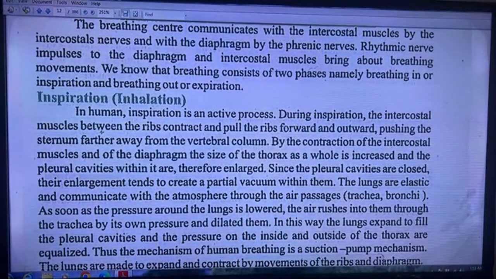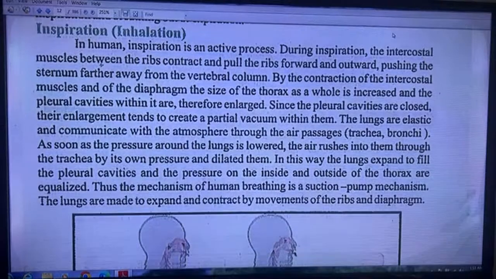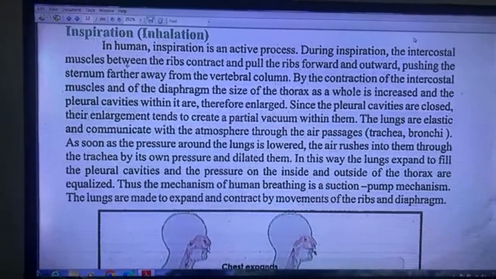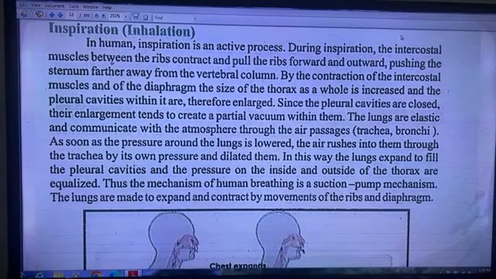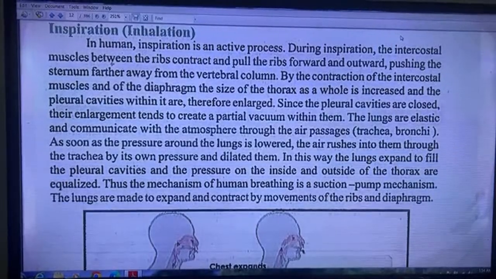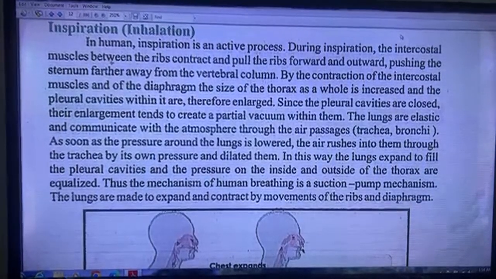Inspiration, inhalation. In humans, inspiration is an active process. During inspiration, the intercostal muscles between the ribs contract and pull the ribs forward and outward, pushing the sternum further away from the vertebral column.